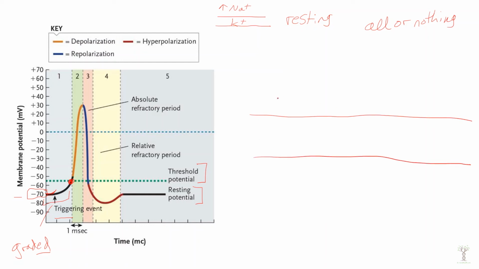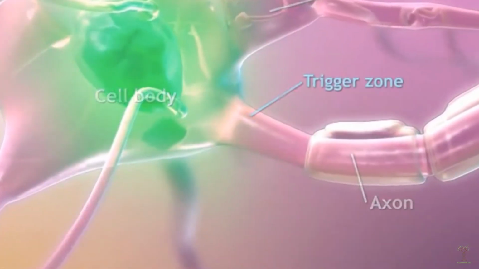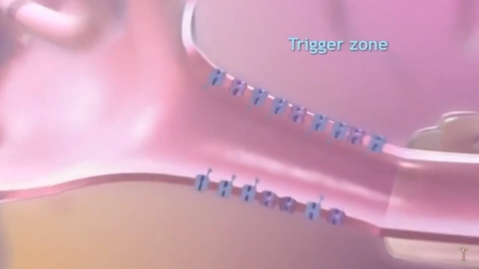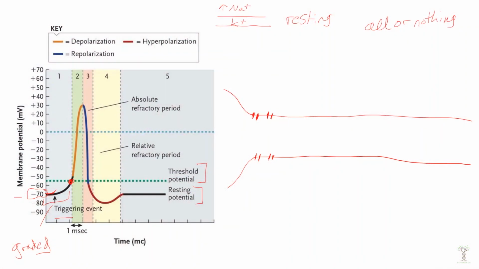Here's our axon membrane right beside the cell body. Cell body is here. The very first part of the axon is called the axon hillock. Now here in this area it is very rich in ion channels that are voltage gated.